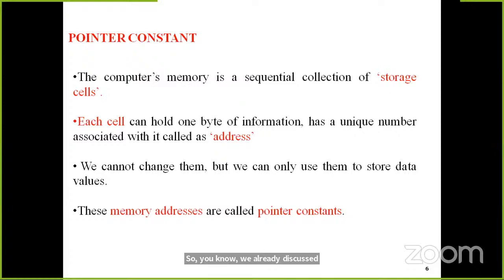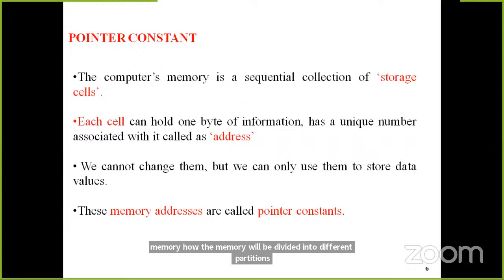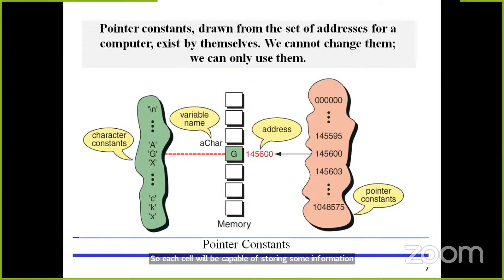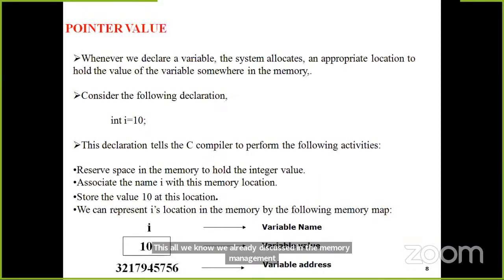The memory is divided into different partitions, and each cell is capable of storing some information. We already discussed this in memory management. But this is what I want: how these pointers will be stored.